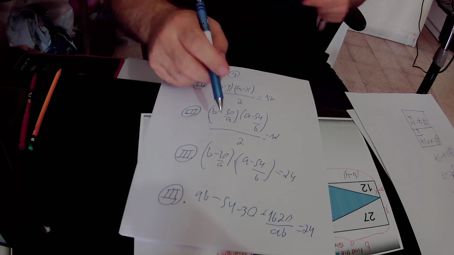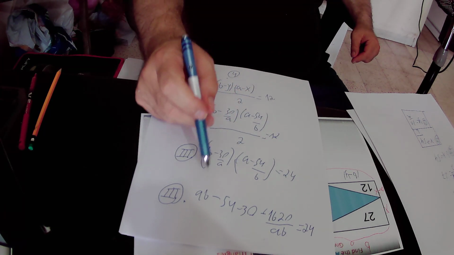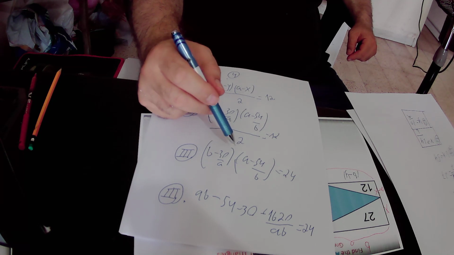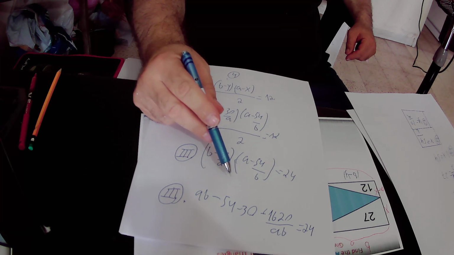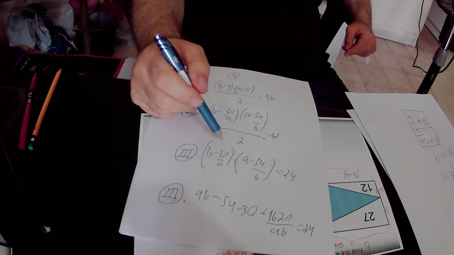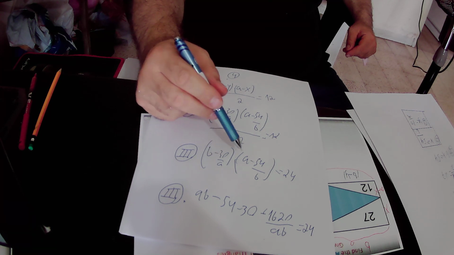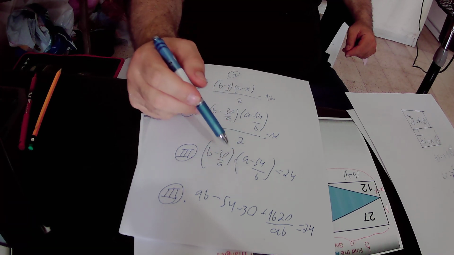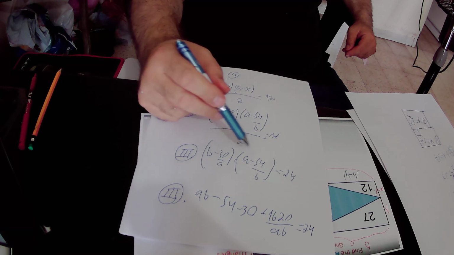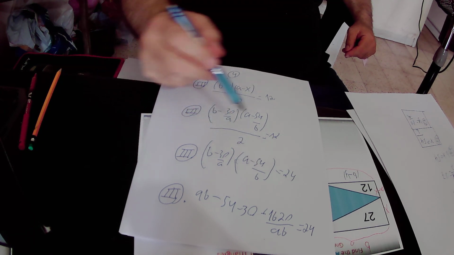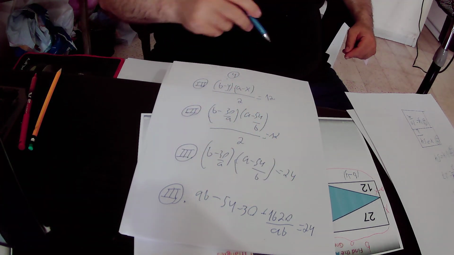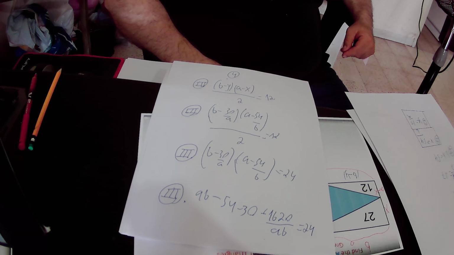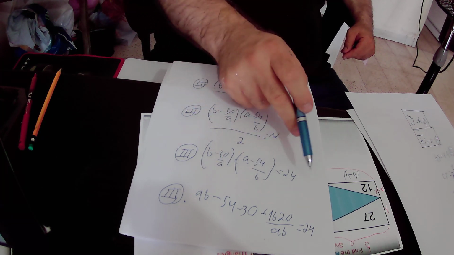So I will repeat again. b times a is ab, b times minus 54 over b is minus 54, minus 30 over a times a is minus 30, and minus 30 over a times minus 54 over b is 1620 over ab. So here we can subtract 24 from both sides of the equation.